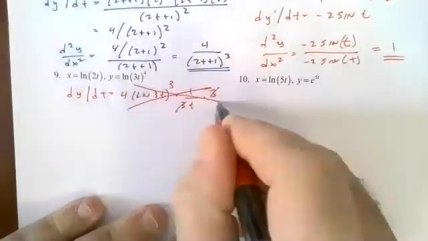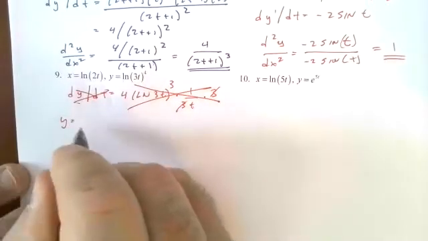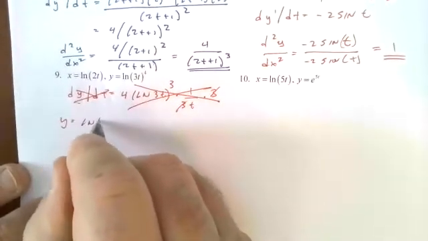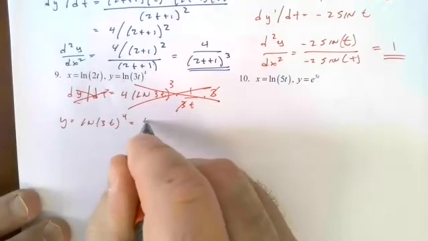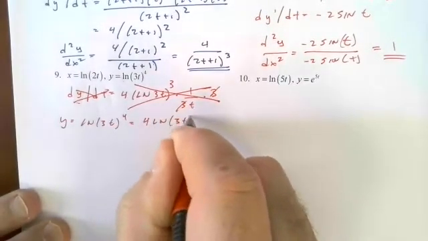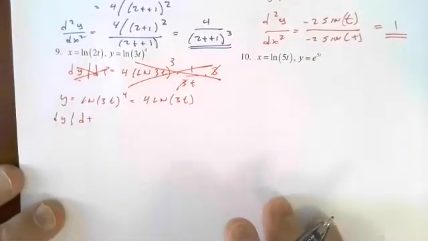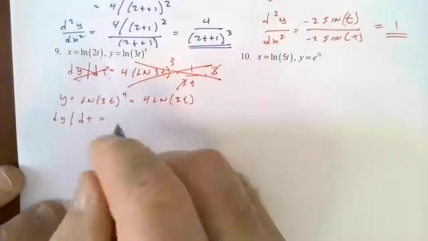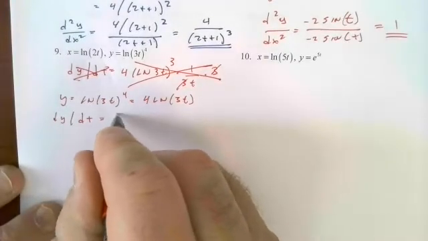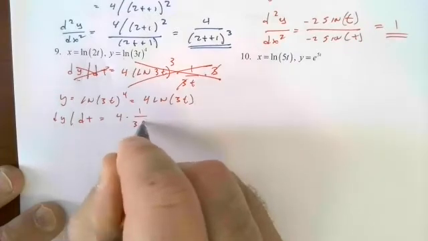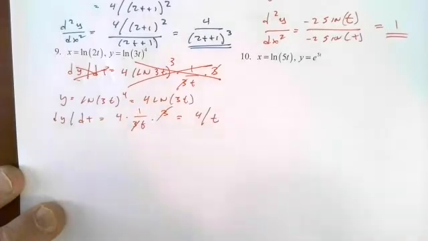I'm going to cross this out. We're going to start with y equals ln of (3t) to the fourth, which is equivalent to 4 ln of 3t. So dy/dt is 4 times 1 over 3t times 3, 4 over t.